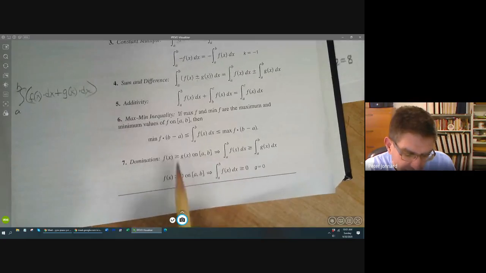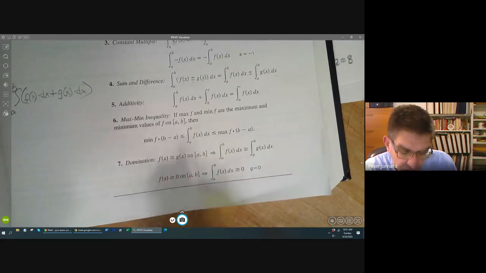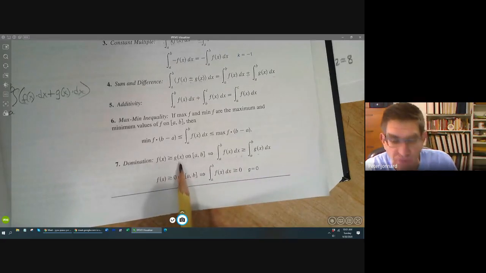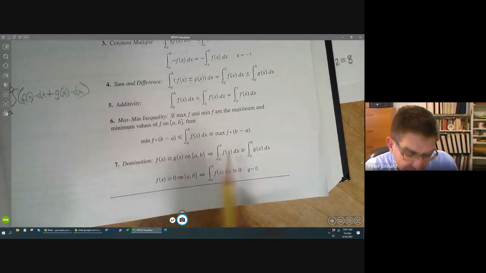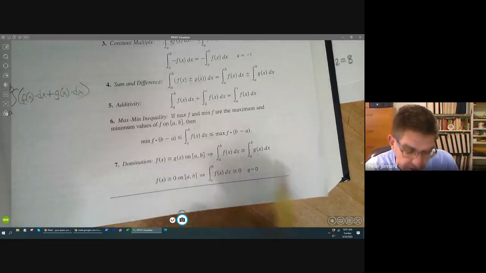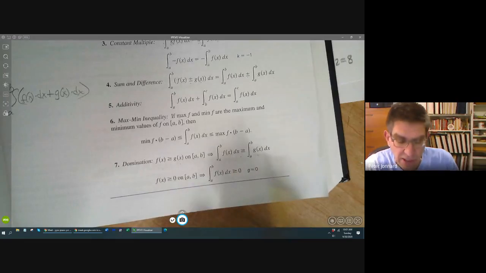If you have one function that's bigger than or equal to another function and you integrate them, the dominant integral will be bigger than the other integral.